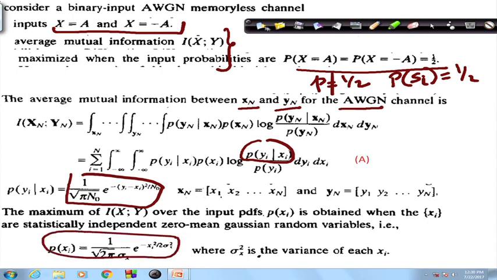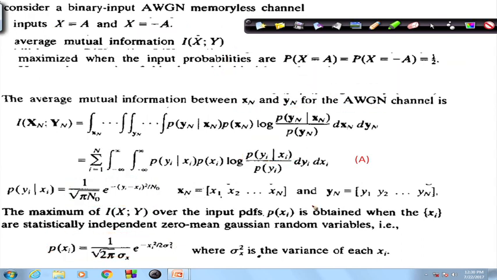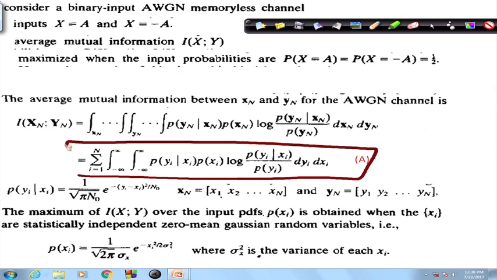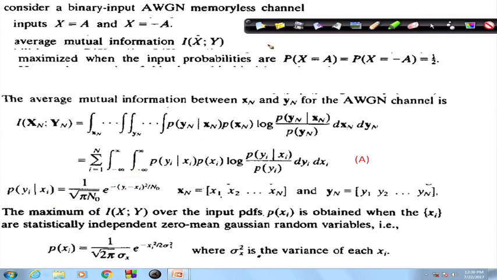So, if we carry on with a few steps, we have to solve this expression. Previously there was no integration, there was summation because they were all discrete, but now since we have an AWGN channel, waveform output, continuous output, we will be using these densities in our expression. So, evaluation is a little bit different, but the expression in philosophy remains the same.